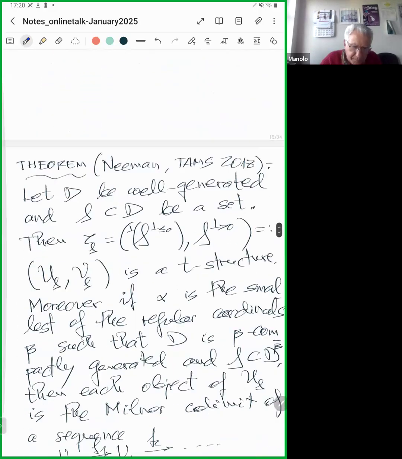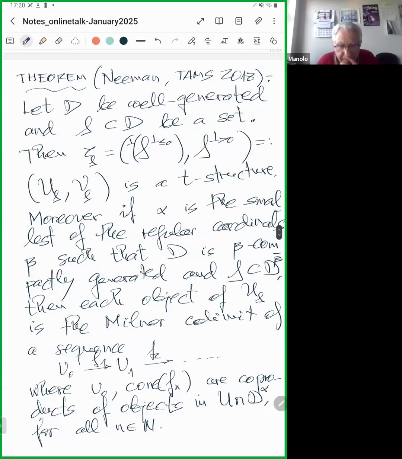Okay, when we have this generalization, we remind you of a theorem of Neeman in a paper that appeared in Transactions in 2018, that wanted to generalize a result by Alonso, Jeremías and Souto, where they proved that if you have a set of compact objects, then you take the smallest suspended subcategory, meaning that this is closed under positive shifts, closed under extensions and arbitrary coproducts, then it turns out that this is the aisle of a t-structure. And Neeman wanted to show that not just for compactly generated t-structures, but for a t-structure generated by any set.